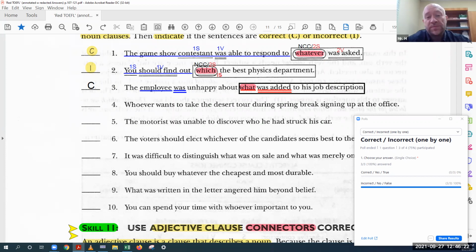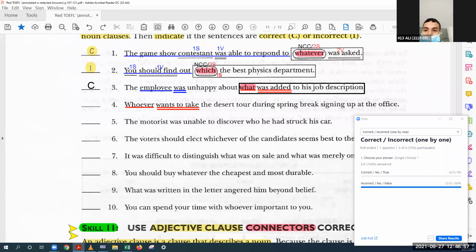All right, how about verbs? Let's look at verbs. Want. Okay, that's a verb. Is that the main verb of the main clause? No. Well, whoever is a subject. Yes, wants to take is a verb. Are there any more subjects or any more verbs?